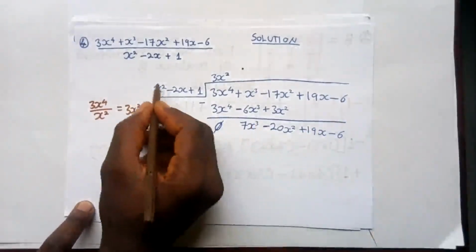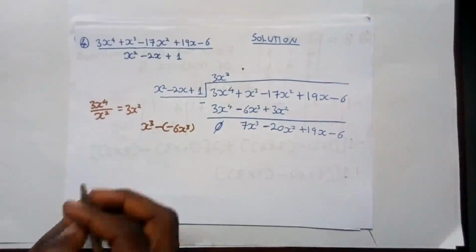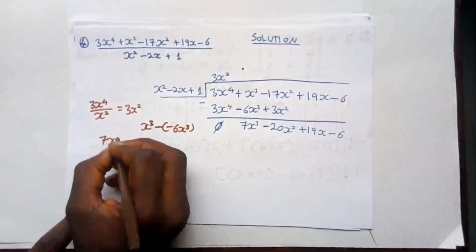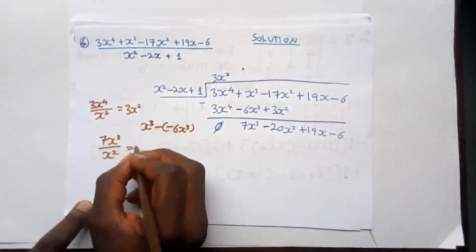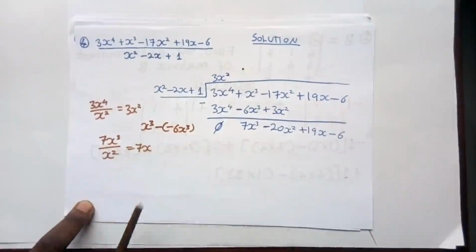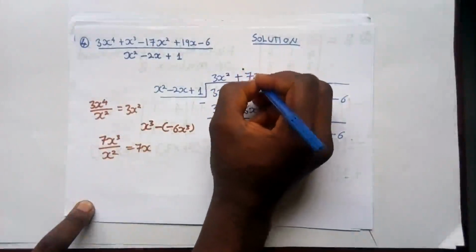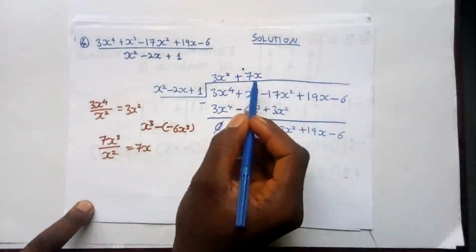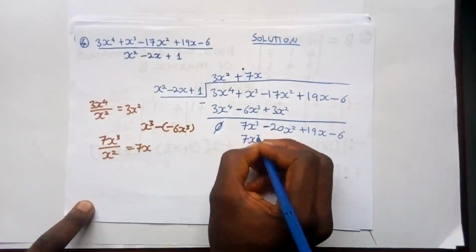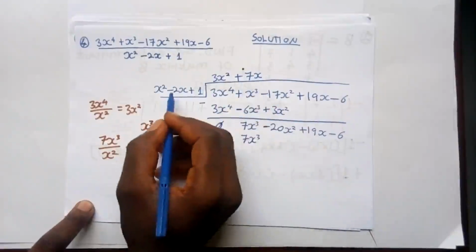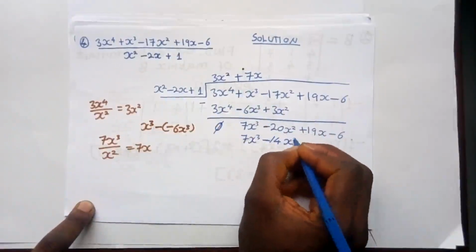The first term here divided by the first term here. 7x raised to the power of 3 divided by x squared. So we have plus 7x. 7x multiplied by x squared gives us 7x raised to the power of 3. 7x multiplied by minus 2x gives us minus 14x squared.